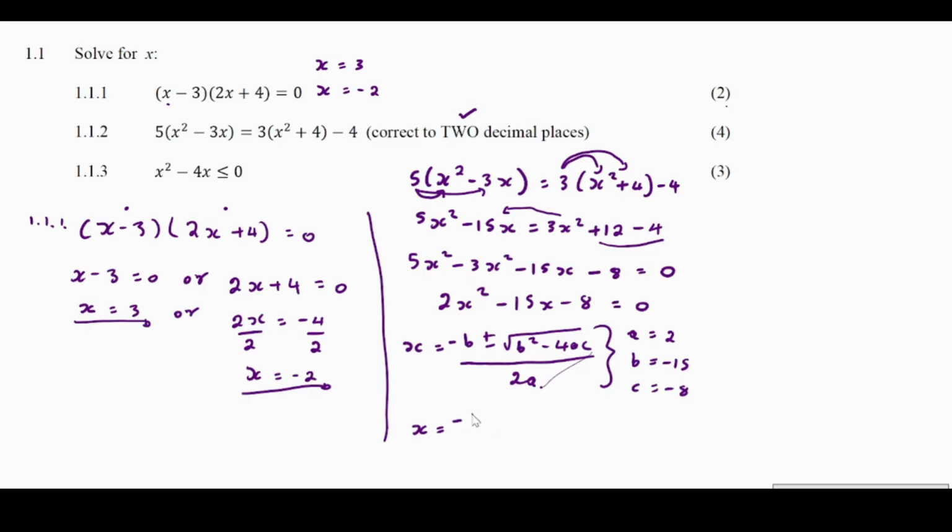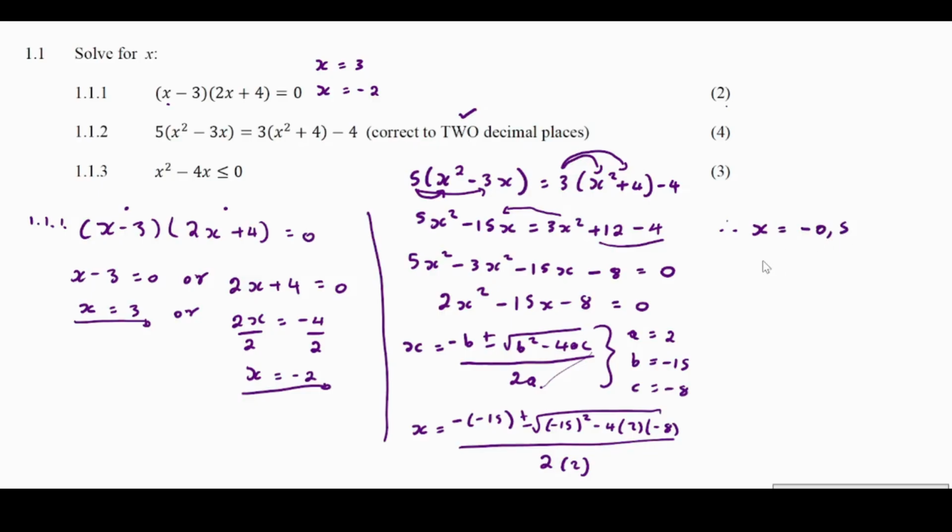So when you substitute, you say negative into negative 15, plus or minus the root of, open bracket, negative 15 squared, minus 4, the value of a is 2, the value of c is negative 8, and then all of this is divided by 2 into a. A is 2. Great. So I'm just going to continue here. When you put that into your calculator, you will find that the value of a is negative 0.5.